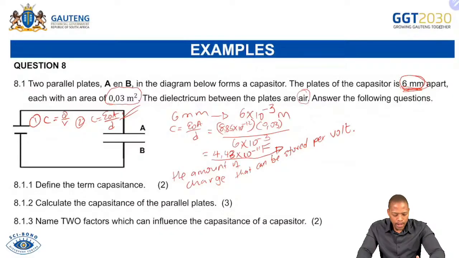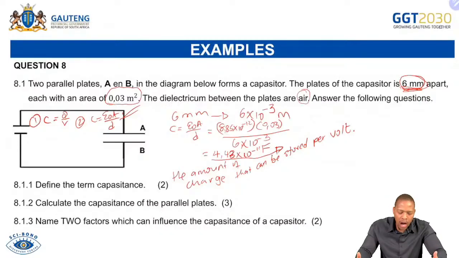And then the next question is asking us to name two factors which can influence the capacitance of a capacitor. Those factors that you can name are the surface area of the plate, the distance between the plates, or the type of dielectric material used. At least they said name, but they did not ask how.